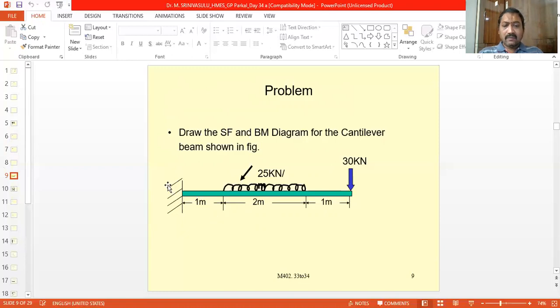Now you draw this figure. It is a cantilever having a total length of 4 meters, and the UDL is acting over the middle 2 meters length, and a point load of 30 kN is acting at the free end. The intensity of the UDL is 25 kN per meter length. Now after taking this figure, we will go to the solution.